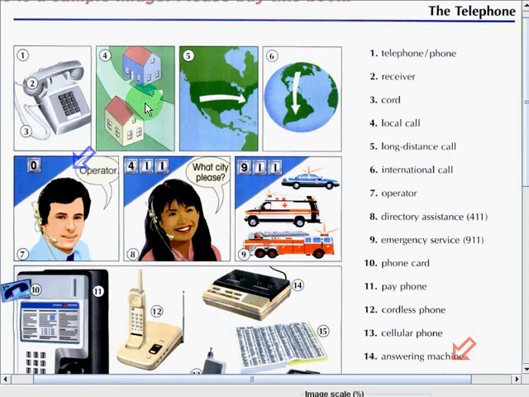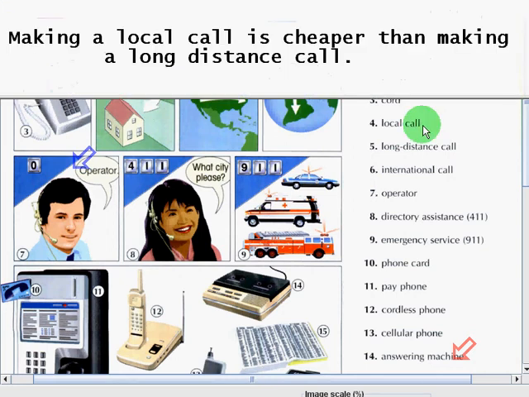Like you will make a call to your neighbor or to the people living in the same city. So that's what you meant by the term local call. So let's try to have an example sentence using that term. Making a local call is cheaper than making a long distance call.